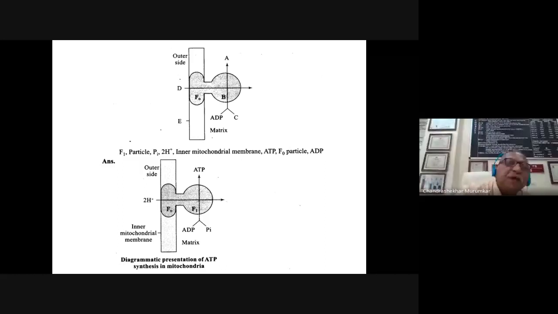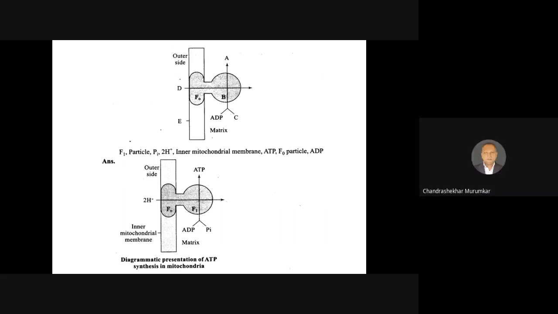Why? Because we have seen that in the terminal electron oxidation process, or electron transport chain, the hydrogen protons are released and accumulated in the inner mitochondrial membrane. Because of that, their concentration is much higher there, and obviously on the other side, in the matrix, their concentration is low.